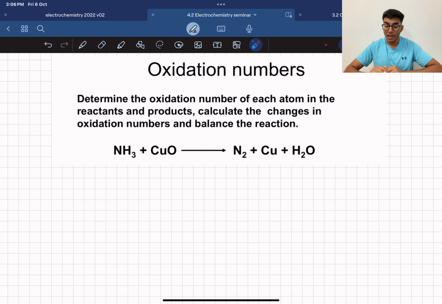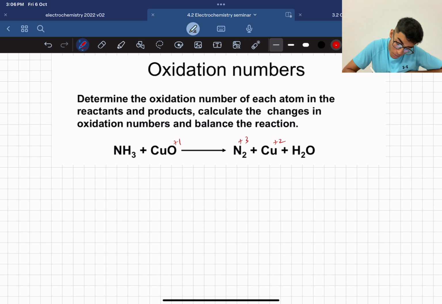Now, when we look at a reaction like this, what do we see? We see that there's no +2 or +3 or +1 or just plus anywhere in the reaction. That just means that their oxidation states are 0.